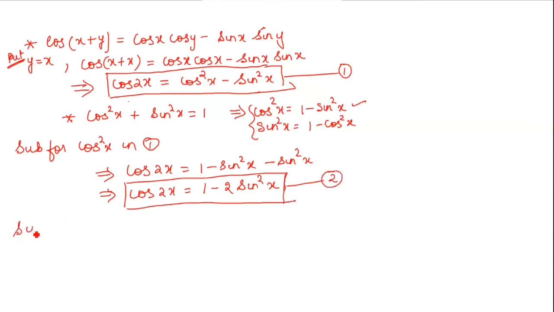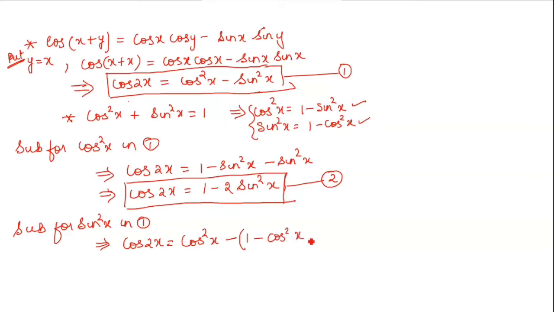Now suppose I substitute for sine square x in the first equation. So what am I going to get then? Cos 2x is equal to cos square x as it is, because I'm substituting for sine square x, minus, and whenever minus is there and you have two terms, please put a bracket to avoid confusion. So sine square x I have to write as 1 minus cos square x.